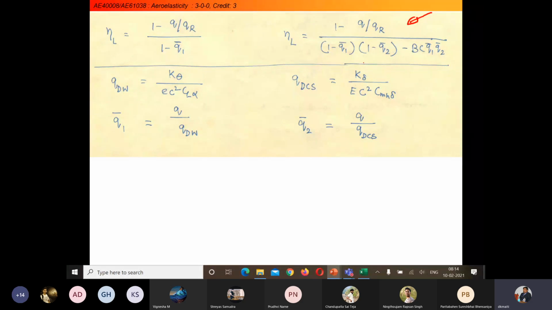Basically, if you look here, when eta L is 0, that is the control reversal speed, and if the denominator is 0, that will give us the divergence speed. That means when the denominator is 0, eta L is infinite. So the denominator being 0 will give us the divergence dynamic pressure.